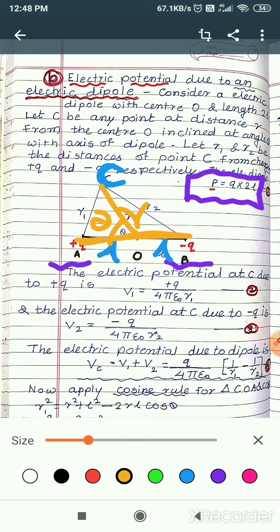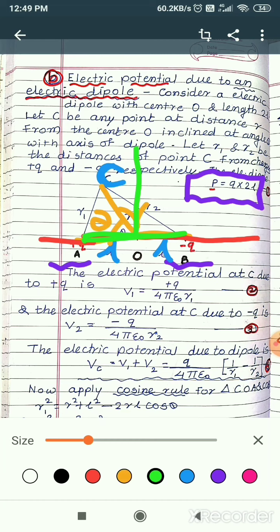Axis means the line which passes through the two poles, along the two poles. This red line is the axis of a dipole. Similarly, what is the equator of a dipole? A line which is perpendicular to the axis of the dipole is known as the equator of the dipole.